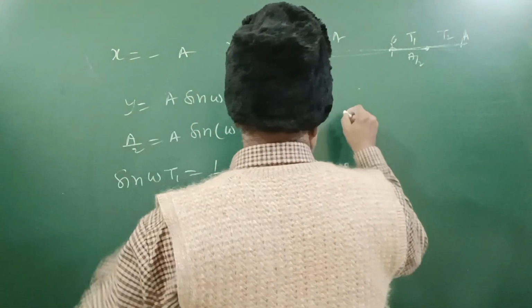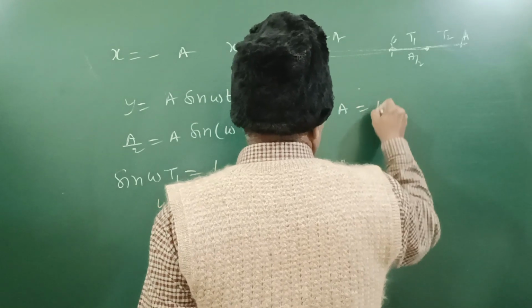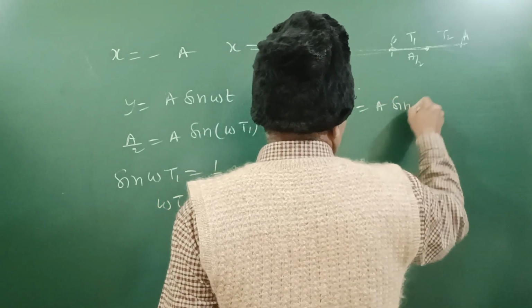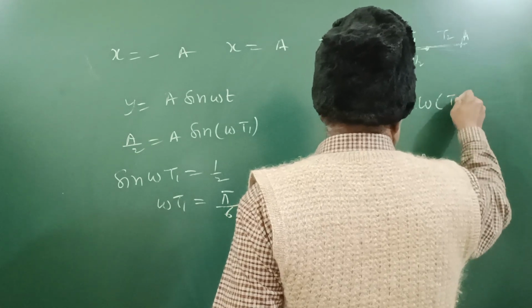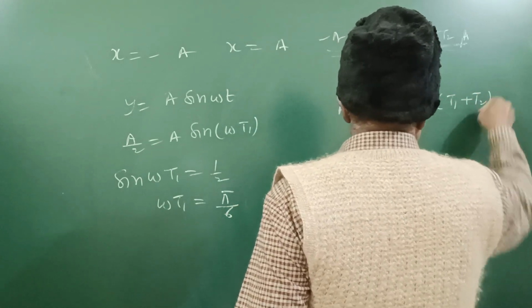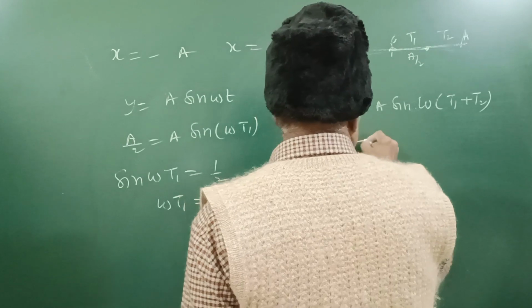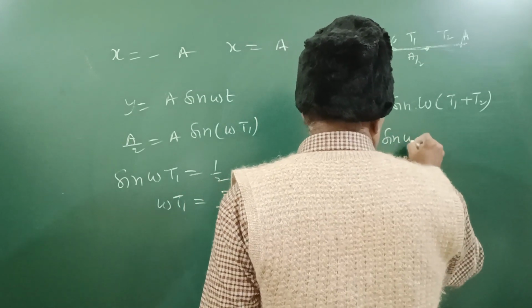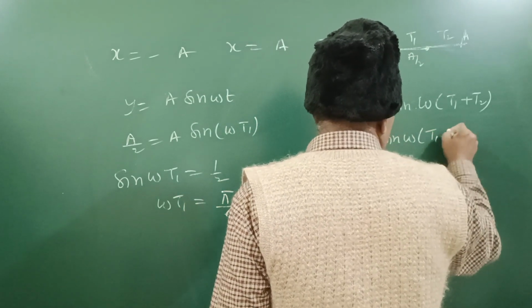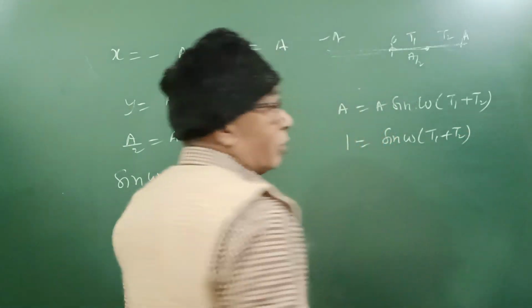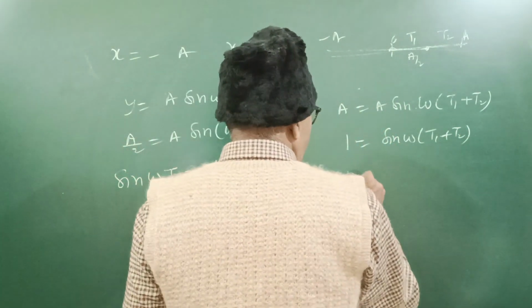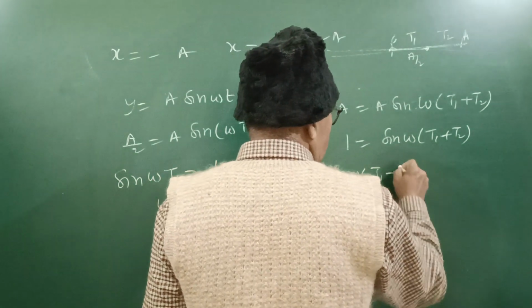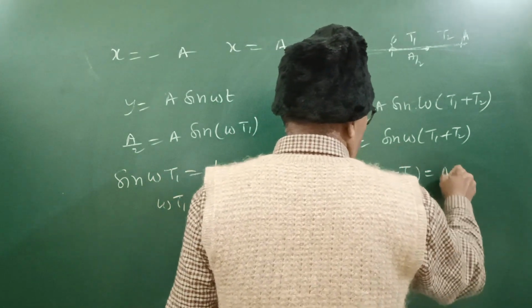So again a is equal to a sin omega into t1 plus t2. So 1 is equal to sin omega t1 plus t2. You know sin 90 is sin pi by 2. So omega into t1 plus t2 is equal to pi by 2.